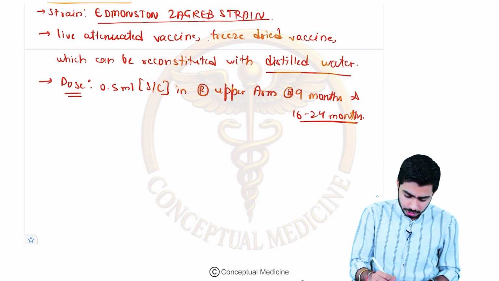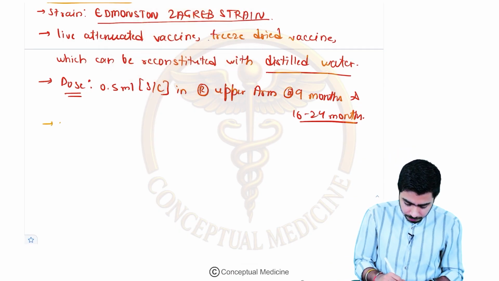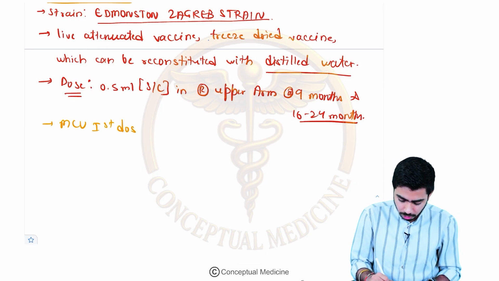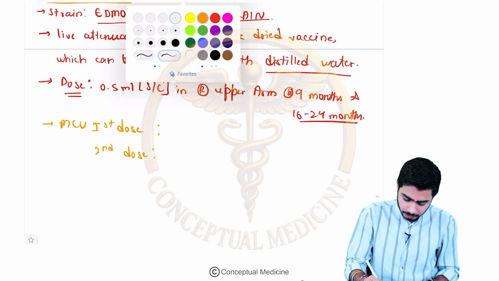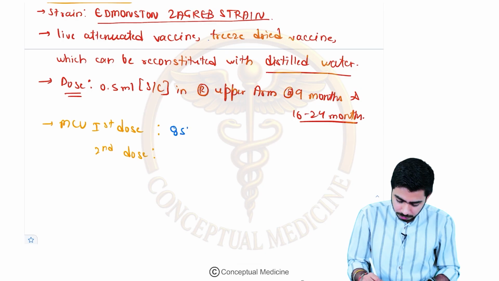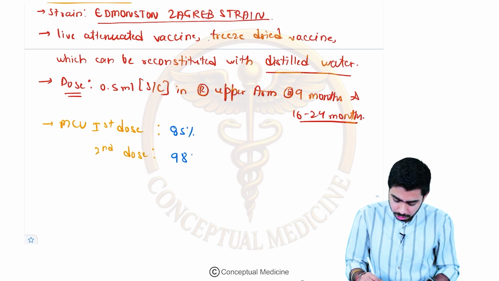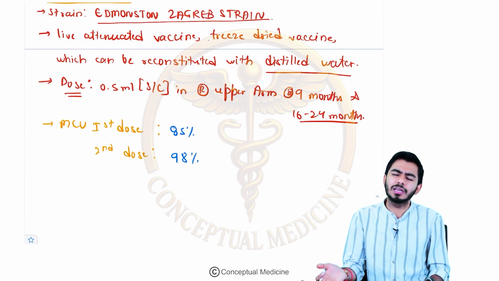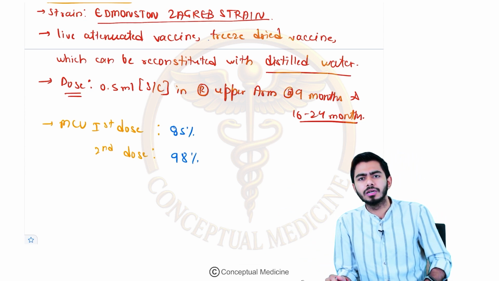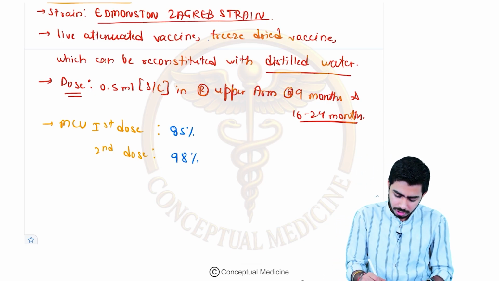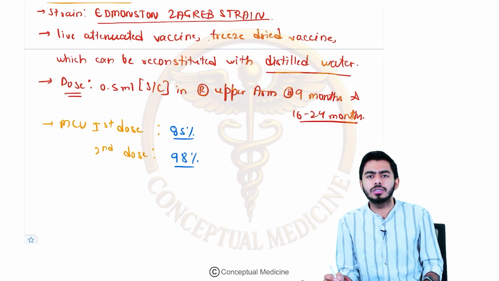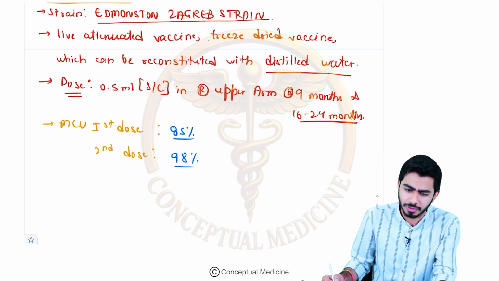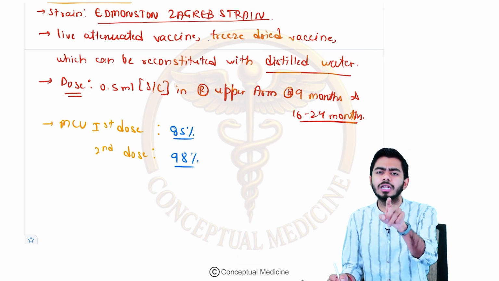There is no need to go for a third dose because we already get around 90% protection in the second dose. So that is the key thing: 85% in the first dose and 90% in the second dose. That is the protection rate as far as the measles containing vaccine is concerned.